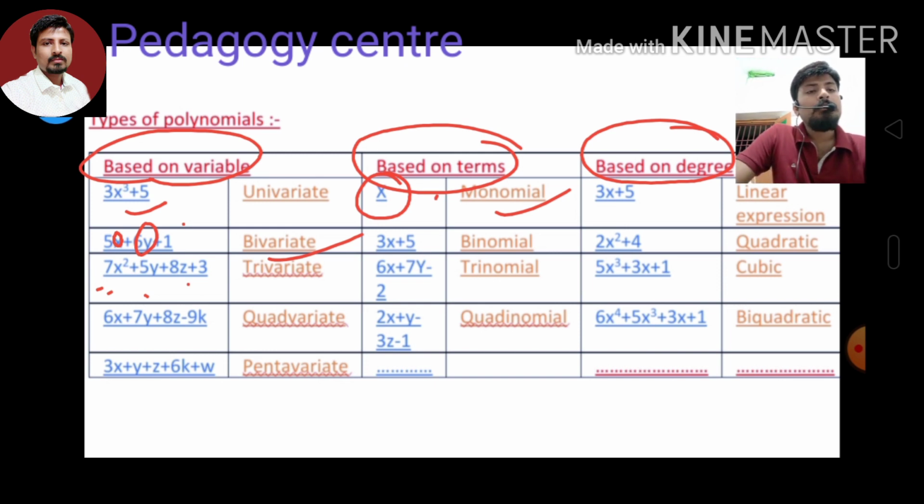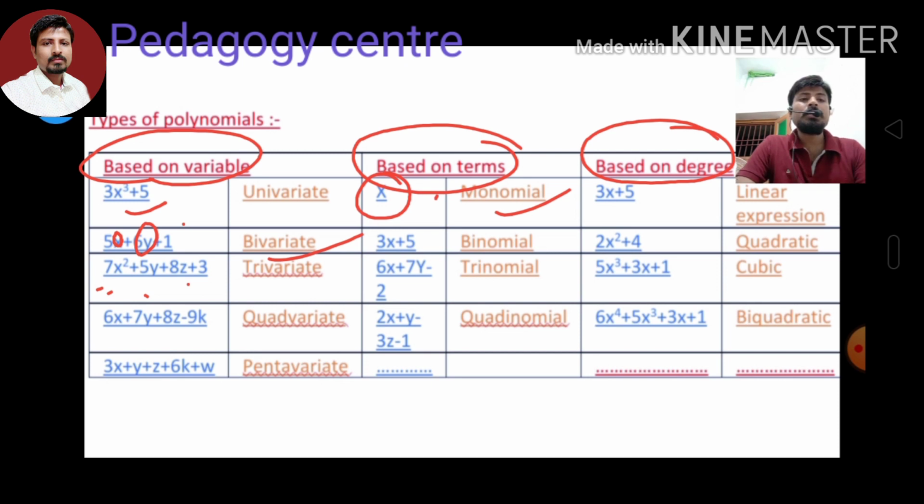Now based on degree. As we have just learned the degree of polynomials, you can easily understand it, and now we will learn the names of polynomials depending on the degree.